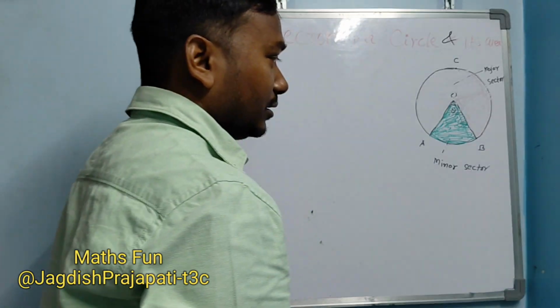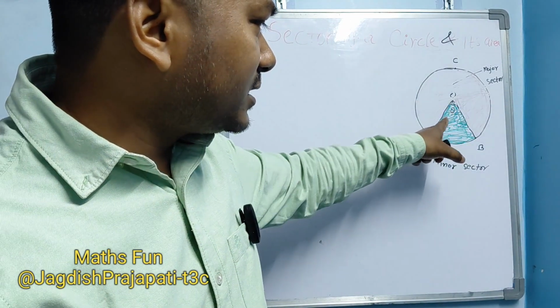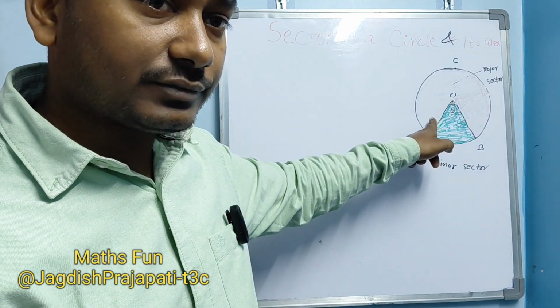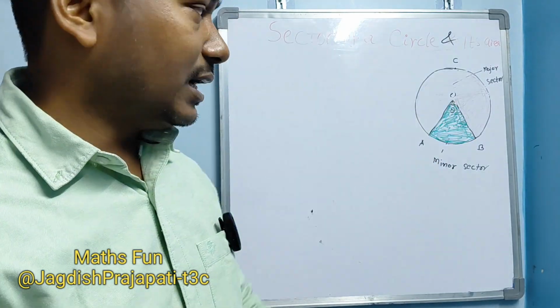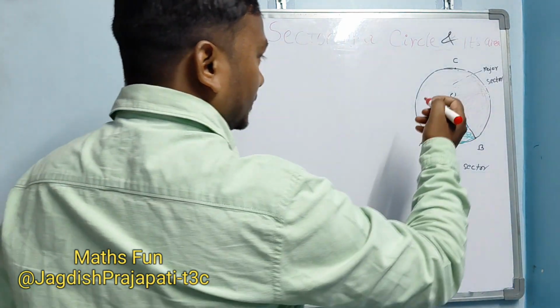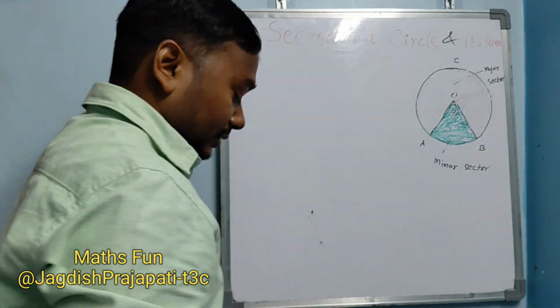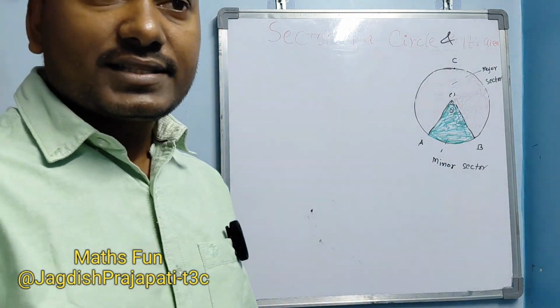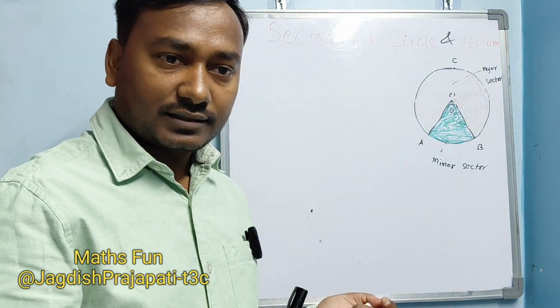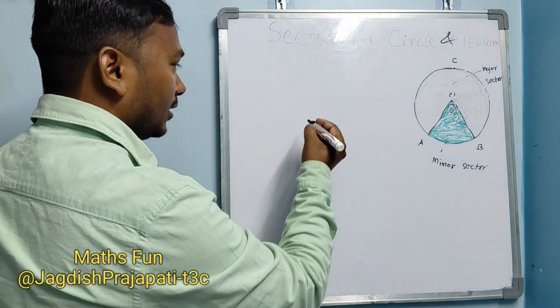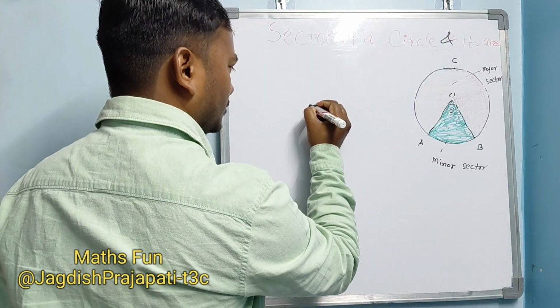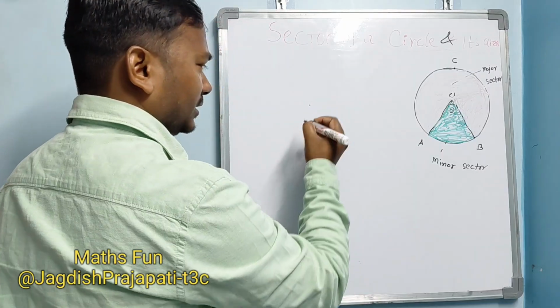So now see, this is just a fraction which subtends an angle theta at the center, and the angle around a point is 360 degrees.